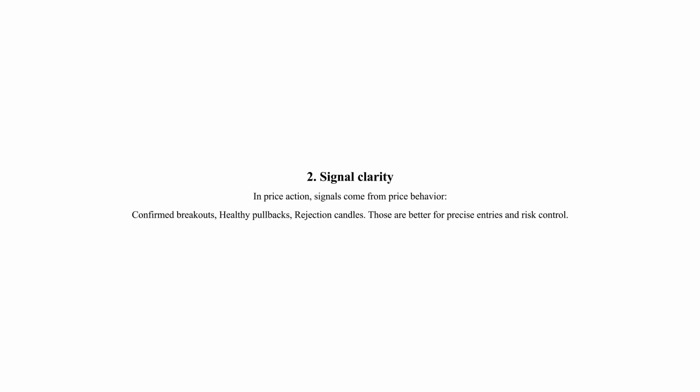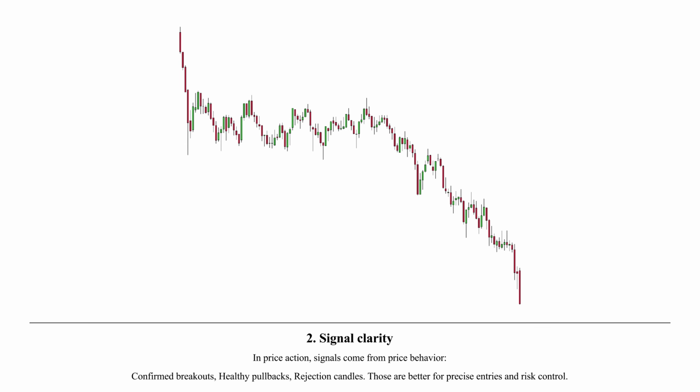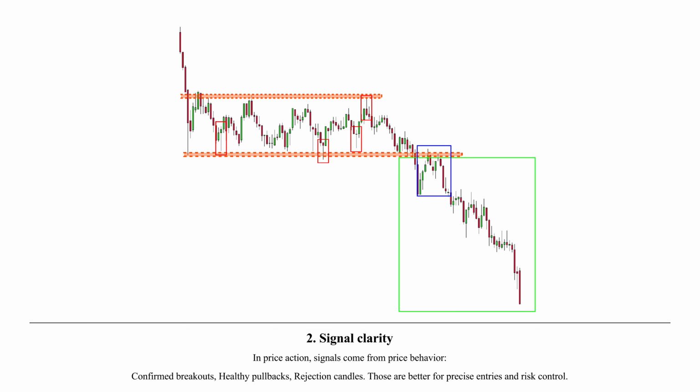Point 2. Signals clarity. In price action, signals come from price behavior, confirmed breakouts, healthy pullbacks, rejection candles. Those are better for precise entries and risk control.